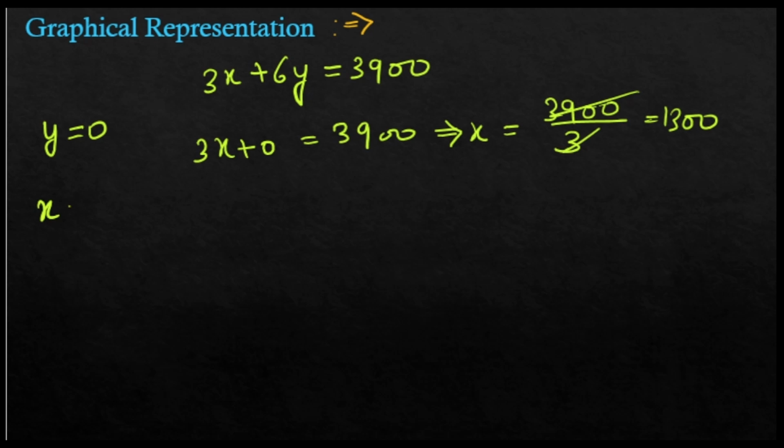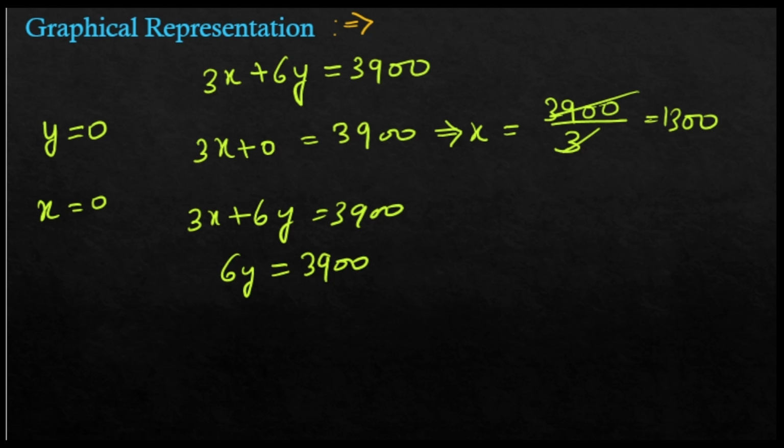But when x is equal to 0, putting the value of x, we get 6y equals 3900, as 3x will be 0, so I am not writing it, which implies y will be 3900 by 6, simply 650.